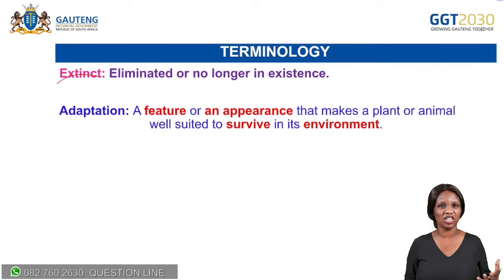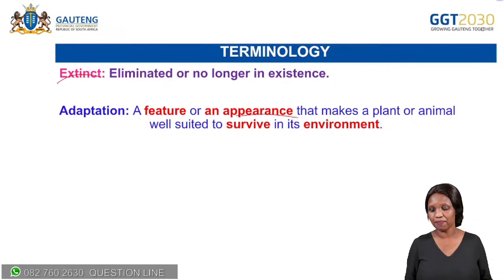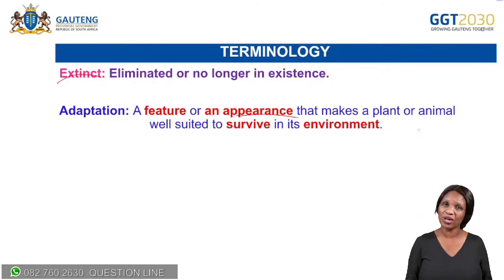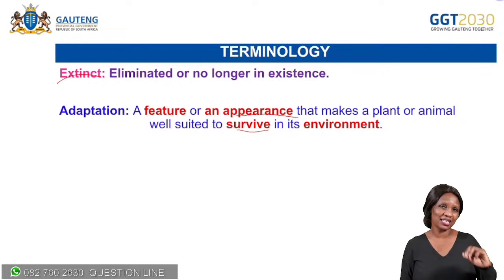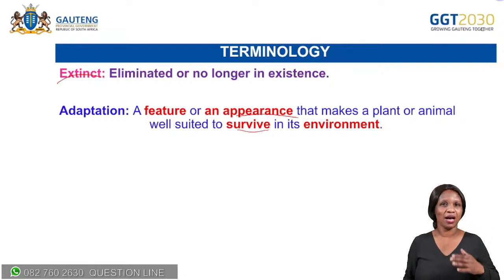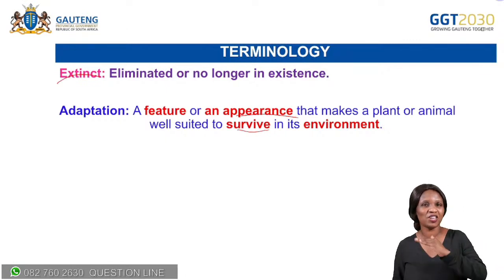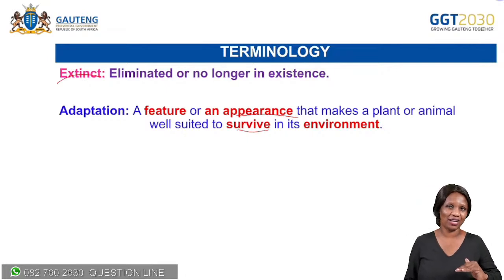And then adaptation. This is a feature, or we can say an appearance, that makes a plant or an animal well suited to survive in its environment. That is adaptation. This is gradual change. Animals can adapt, can change, or can live in a certain environment. All right.